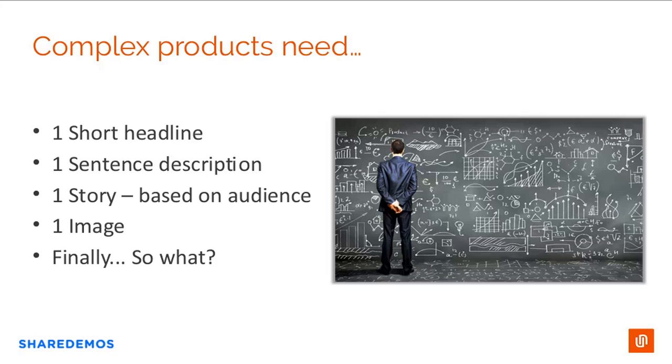What I would add here is that the stories related to complex products really need to be based on audience, because a complex product essentially would address several stakeholders, several users, several buyers in the organization. In fact, it would also address several different types of buyers.